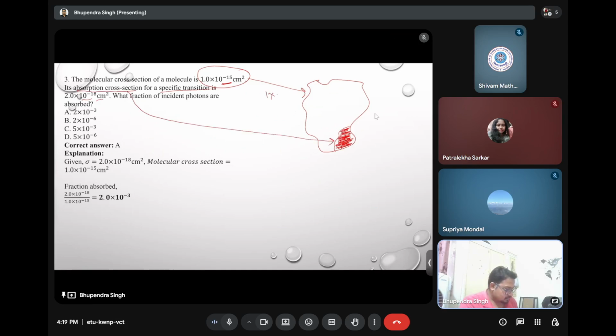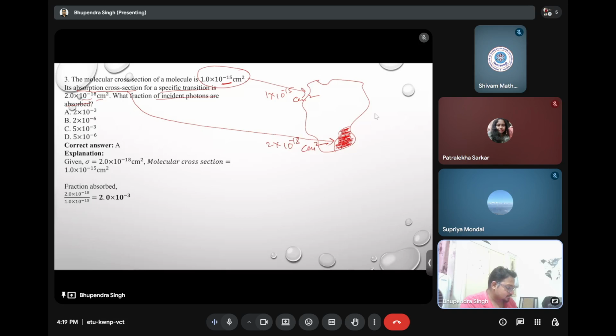This is 1 into 10 to the power minus 15 centimeter square. This one is 2 into 10 to the power minus 18 centimeter square. What fraction of incident photons are absorbed? This is simple, no?